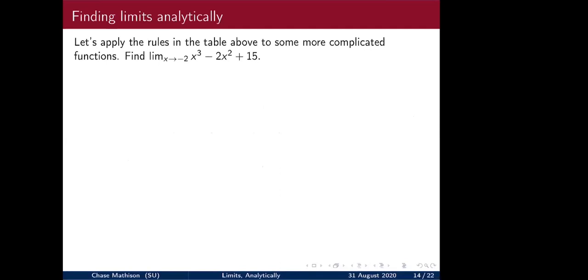Okay, so let's use the table that I wrote down to evaluate some more complicated limits, okay? So we're going to apply the rules in the table to find the limit as x approaches -2 of x cubed minus 2x squared plus 15. You'll have all the tools that you need to do this now, because first of all, this is a sum, right? So what's the first thing that you should do when you get this limit?